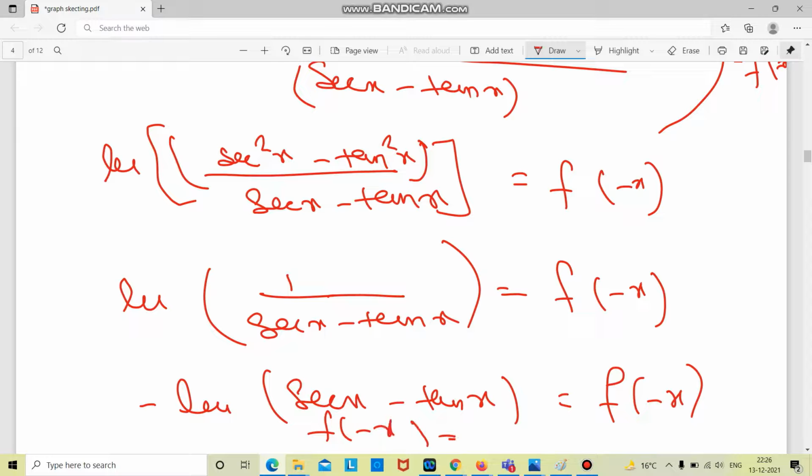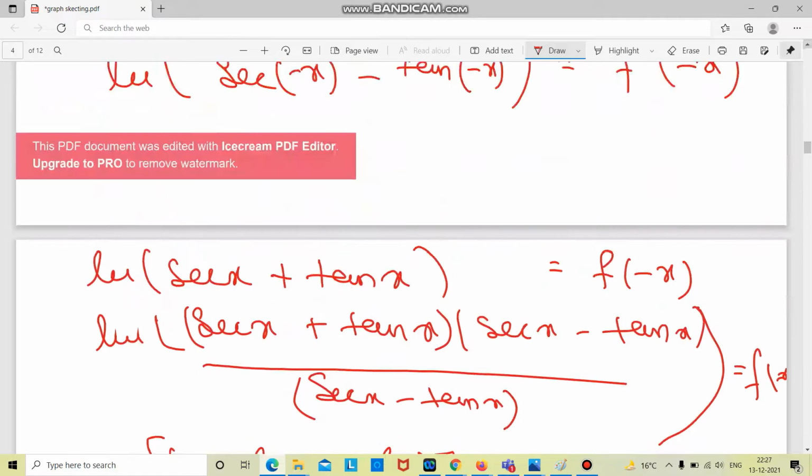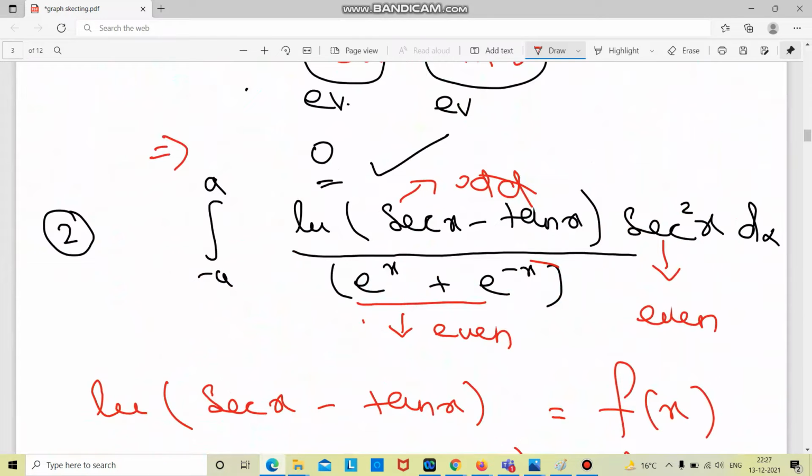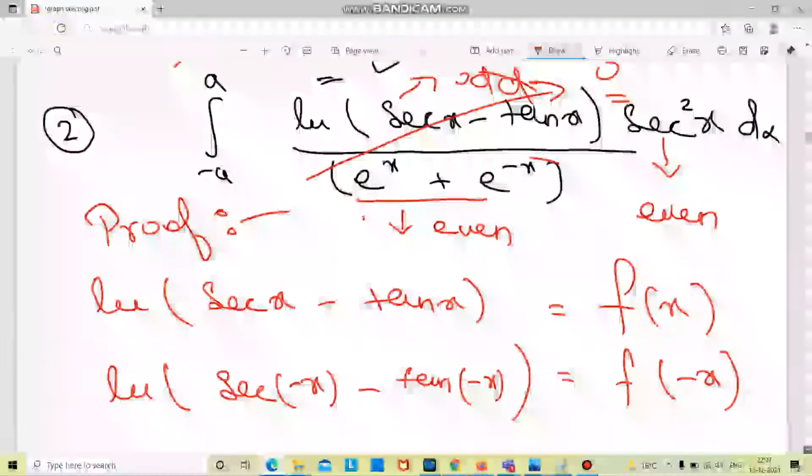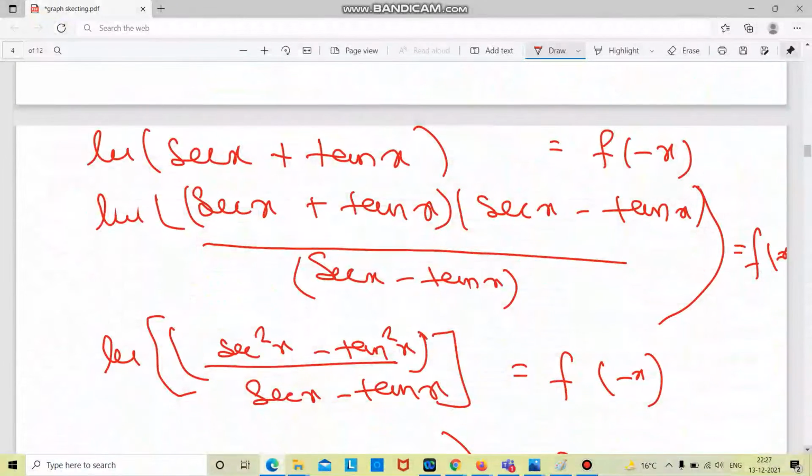Now from here we can conclude that f of minus x is minus f of x, so it is an odd function. Now we go to our question, where we said that this is an odd function. Here is the proof. Hence the whole function becomes odd and the answer is 0. Let's proceed further and try to solve another question.